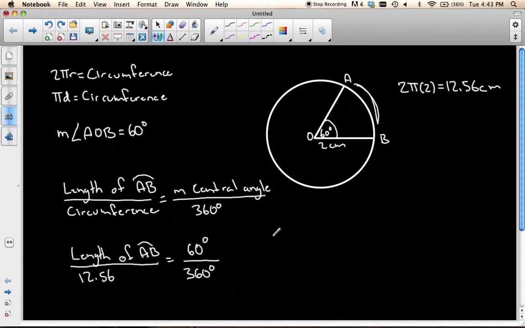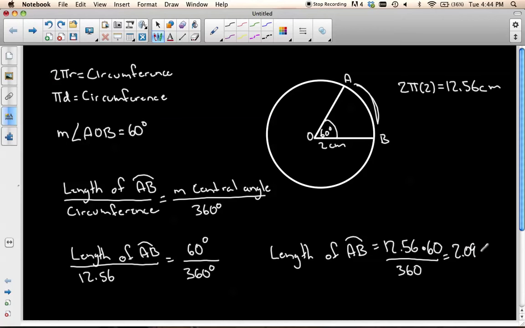We know that the length of arc AB is equal to 12.56 centimeters times 60 divided by 360, and that will give us 2.09 centimeters. So the length of arc AB is 2.09 centimeters.